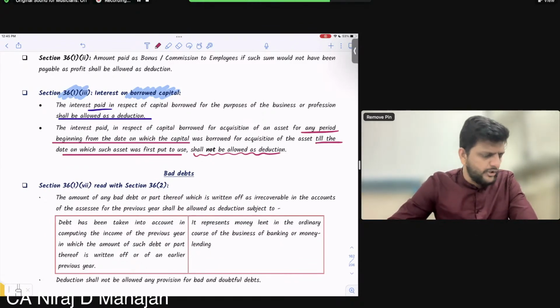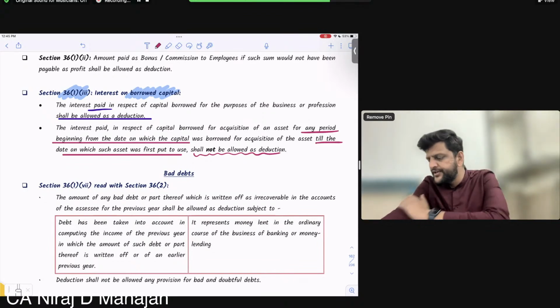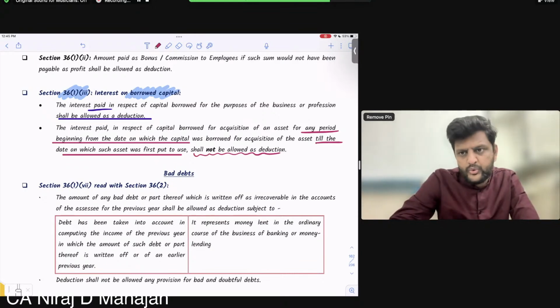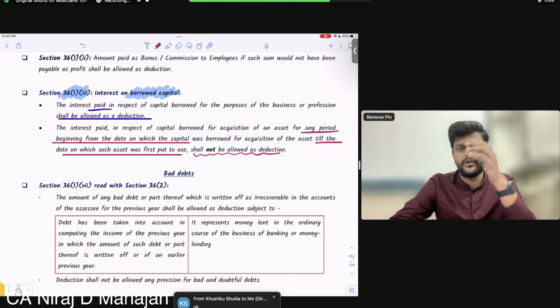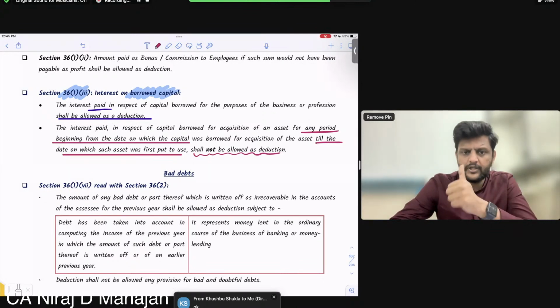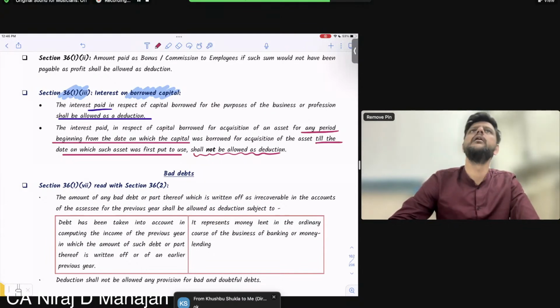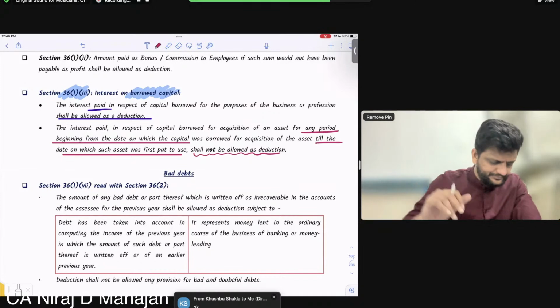Any interest accruing from the date of loan till the date the asset is put to use will not be allowed as deduction in the profit and loss account. So which one will be allowed? All the interest after the date of put to use will be allowed as a deduction in P&L. Till here okay? Everybody?